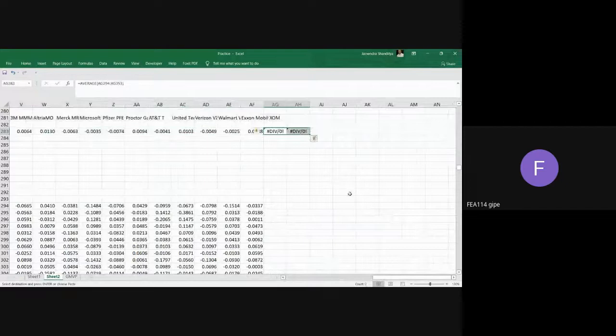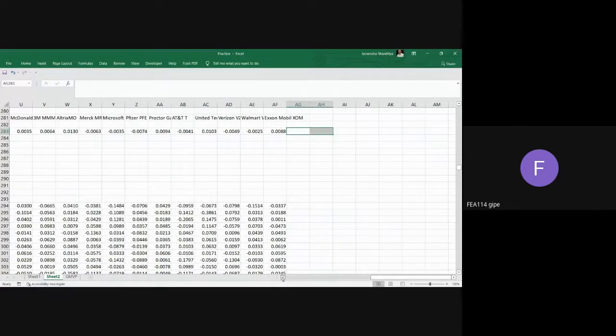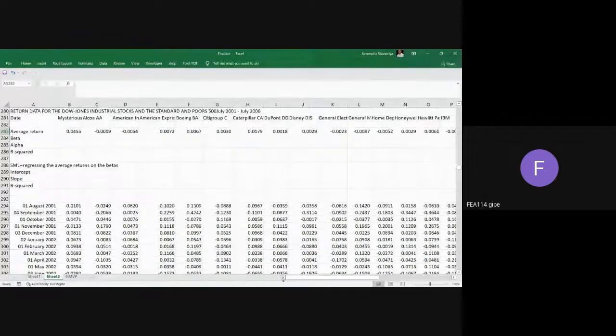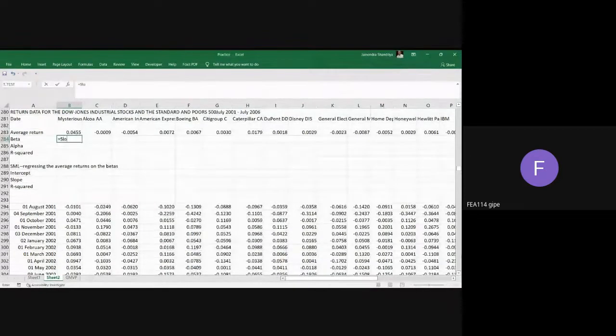These two are not required. Okay, so I've got the average return of all these stocks. Now I have to calculate beta. So I'll calculate the slope, then I need the y's.